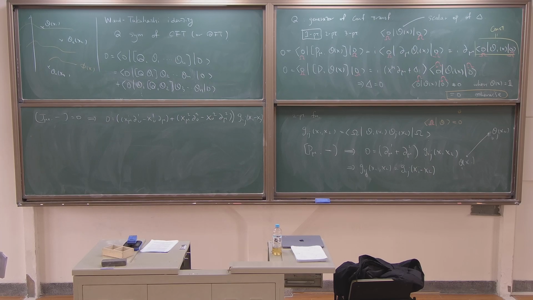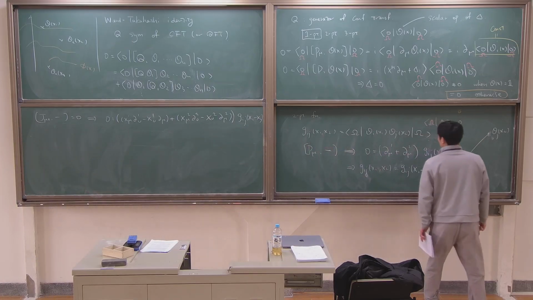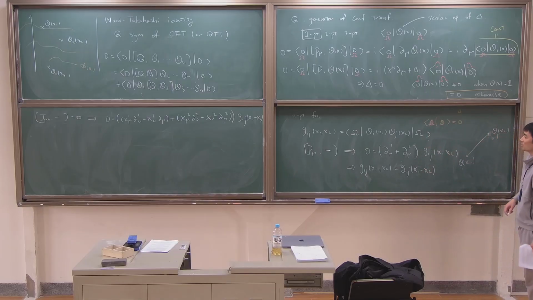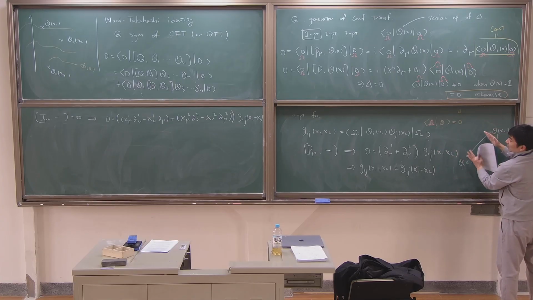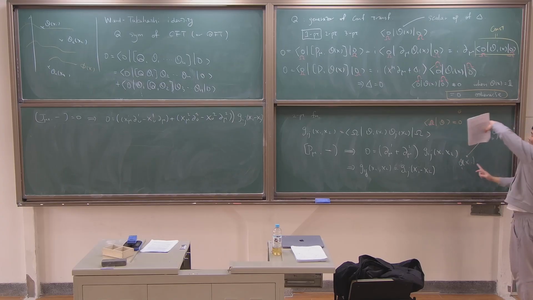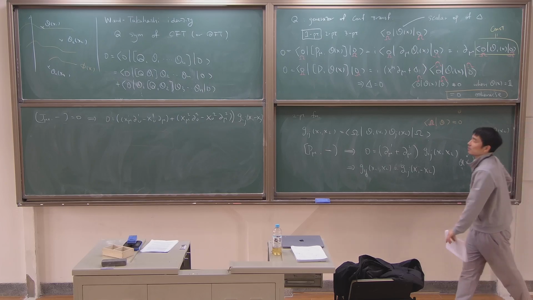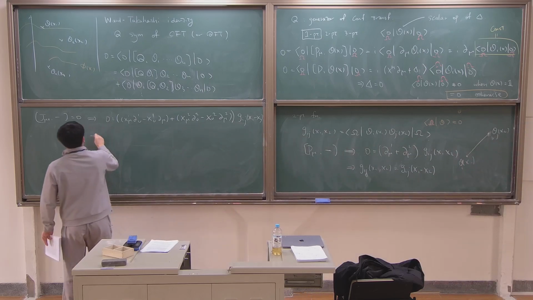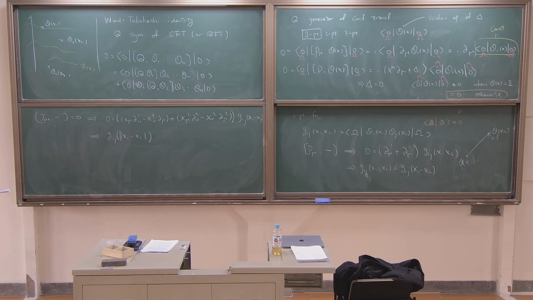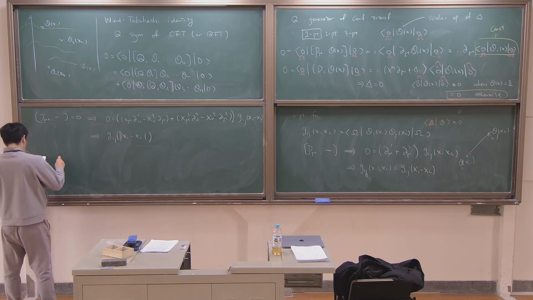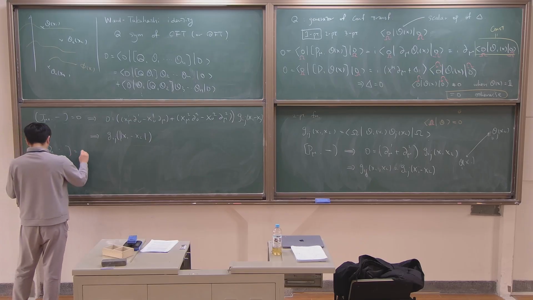This means it is invariant under rotation. Invariant under translation means that even if you shift it this way or that way, it only depends on the distance, and rotational invariance means that it depends only on the absolute value.